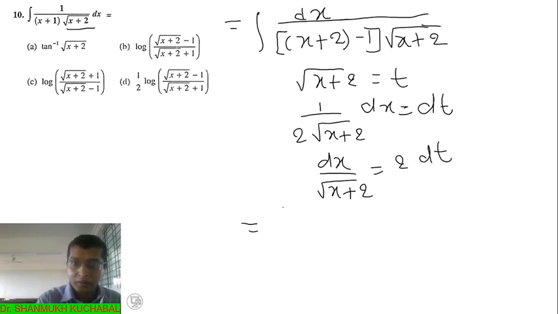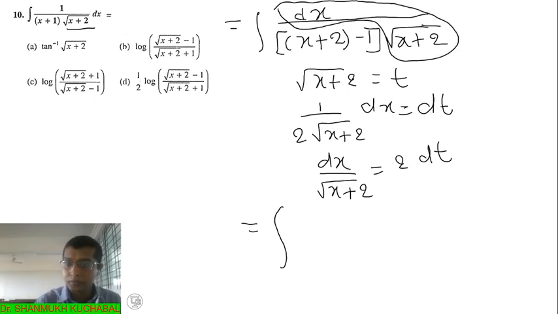So integration of dx divided by root of x plus 2 we can write as 2 times dt. Root of x plus 2 is t.